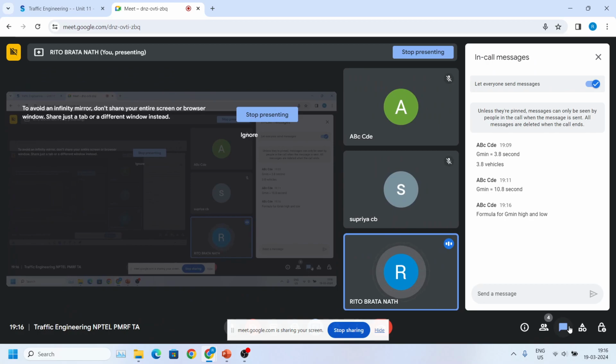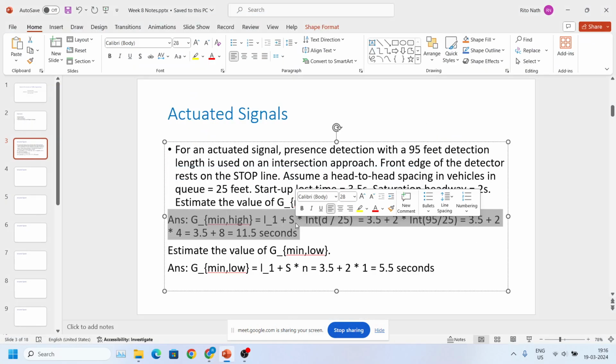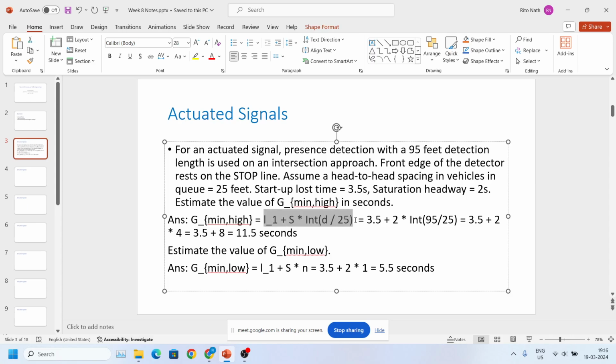And I have also written it here, so I hope you'll get it. This is the formula for G mean high. For G mean low, n equals 1 is what you have to consider. That's all. Next is the next problem.